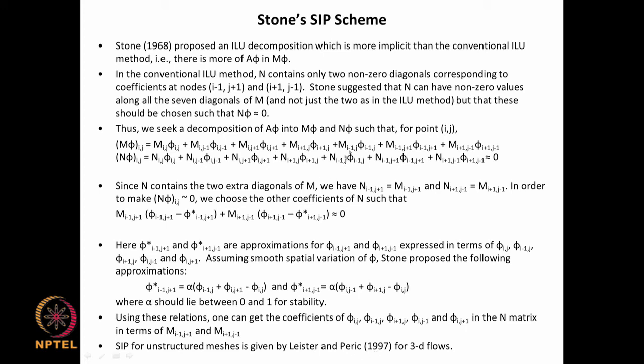So, with this kind of approach, it is possible to have a solution of A phi equal to B, which is faster than the basic Gauss-Seidel method.